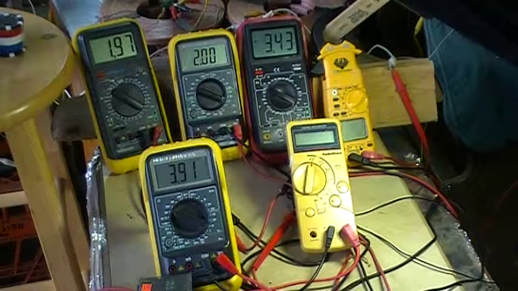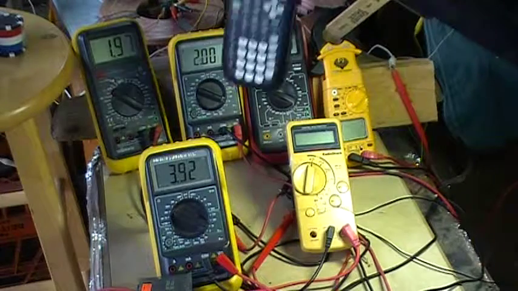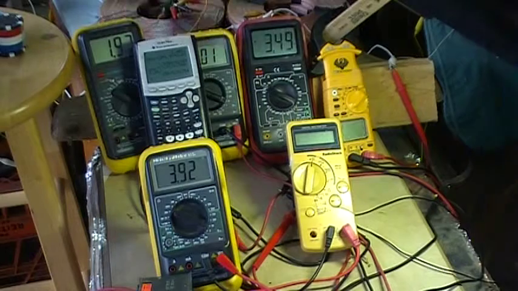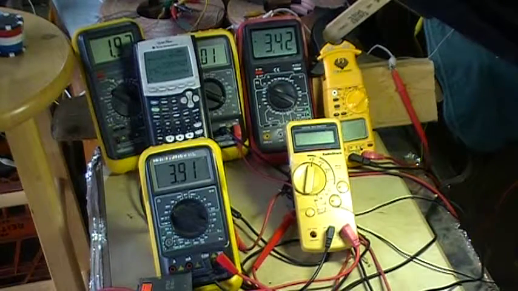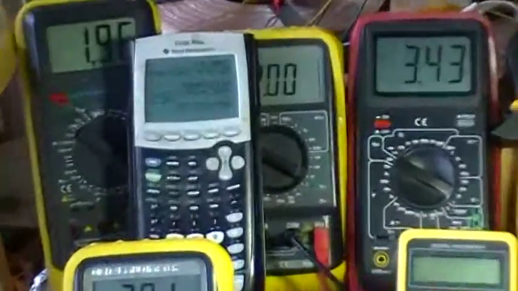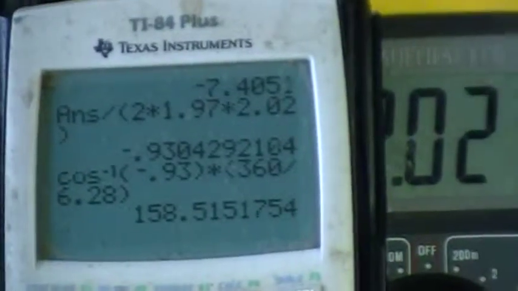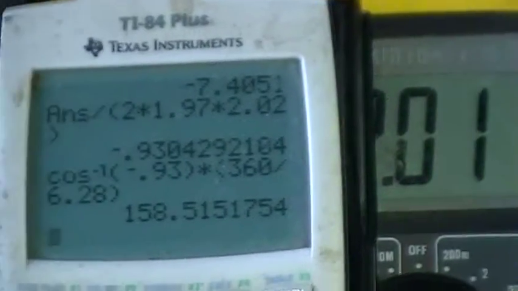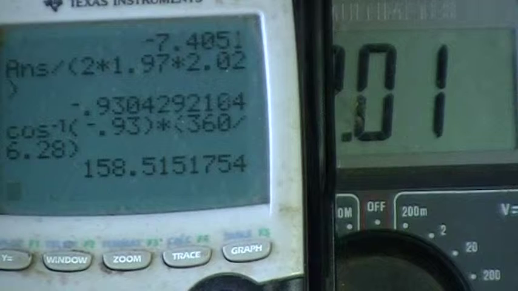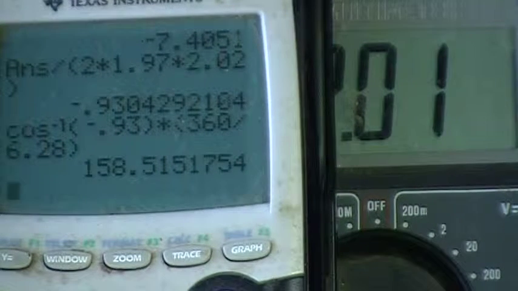That gives us 158 degrees, folks. So what this means then, that accounts for almost 160 degrees.